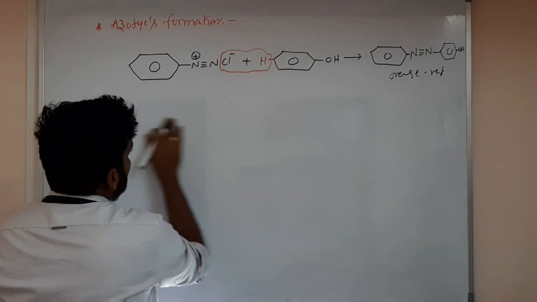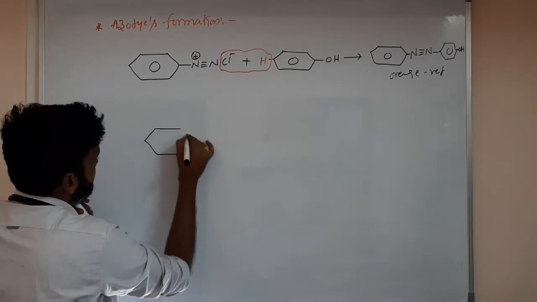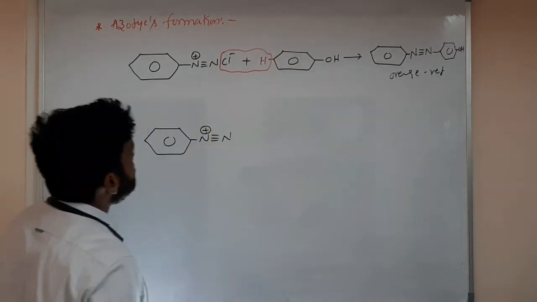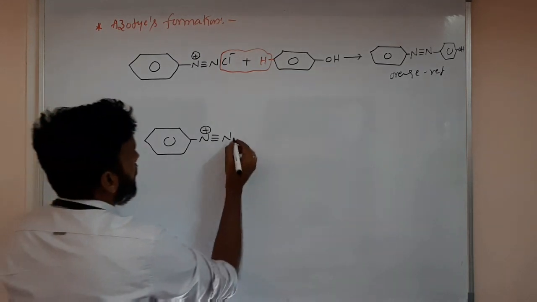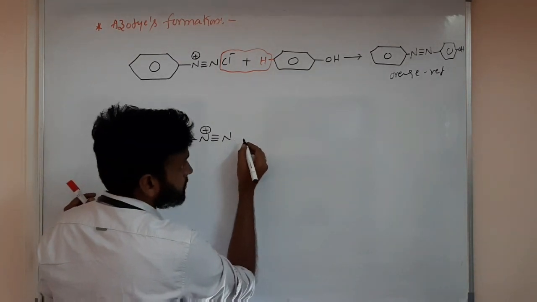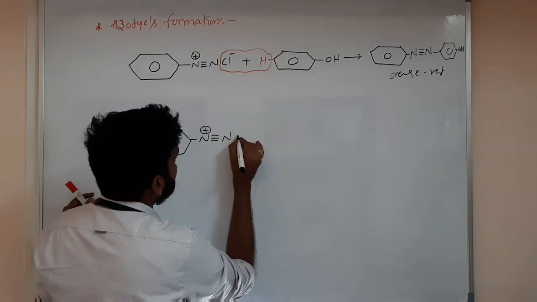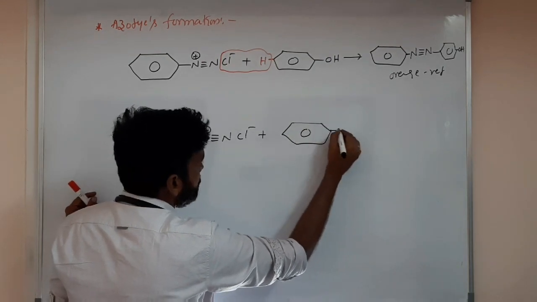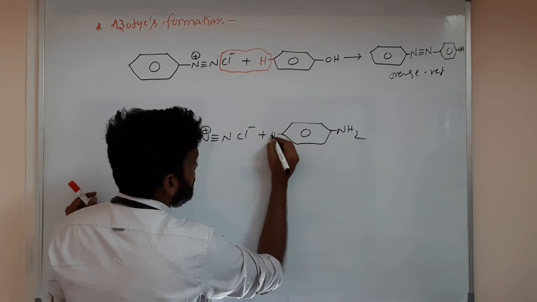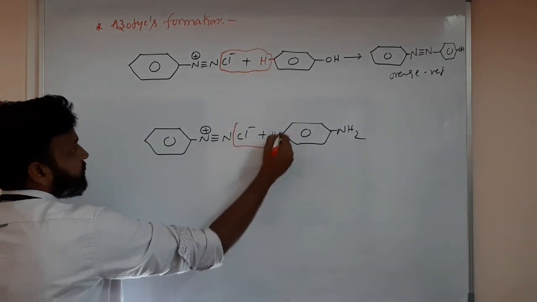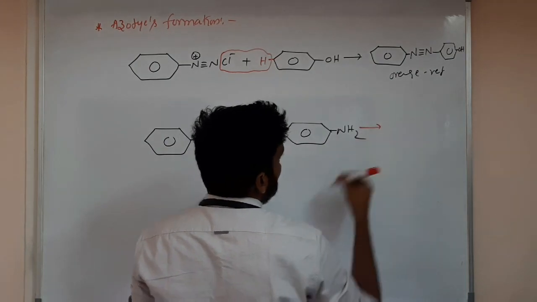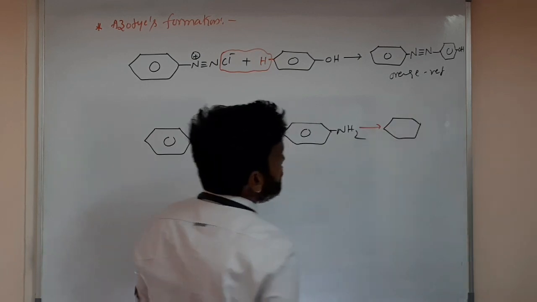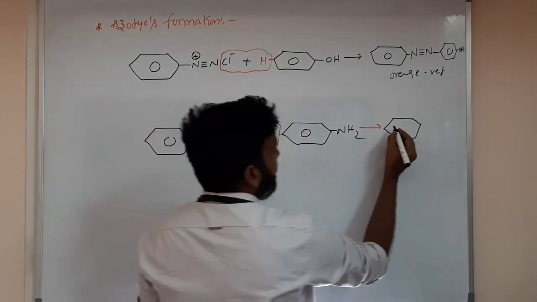With aniline, the same reaction you can write: C6H5 and N triple bond N+, Cl- is removed, and you have aniline here. Same story, hydrogen will go, Cl- and H+ will go, and finally you have the product. Instead of OH, you have NH2.